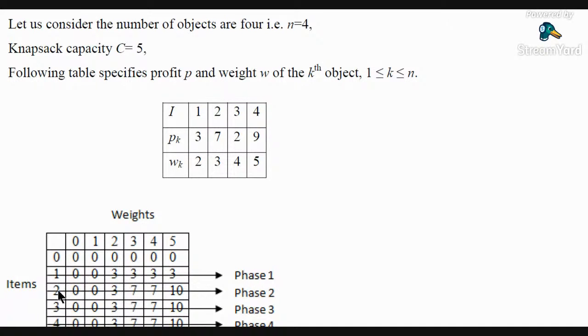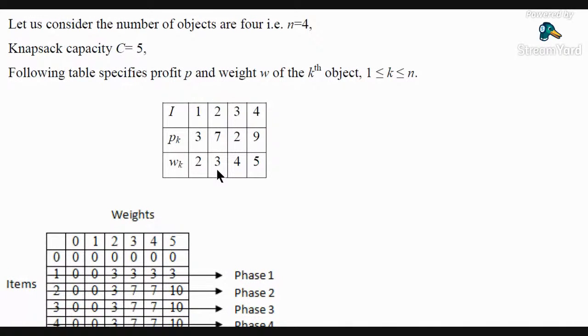However, when we are computing the second row, just come here. When we are computing the second row, it means that the first two objects are in consideration. When the first two objects are in consideration, what is the total weight associated with the first two objects? The weight associated with the first object is 2, the weight associated with the second object is 3.